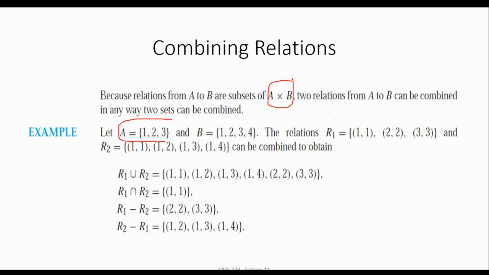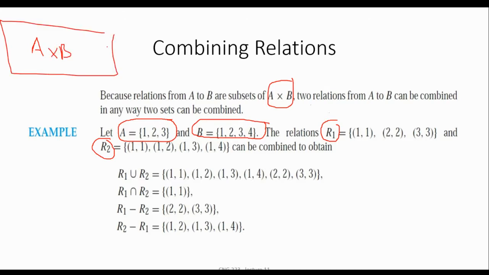Like if we have A as these elements and B as these elements, the two relations R1 and R2 are defined in A times B, right? They are defined as subsets of this one.